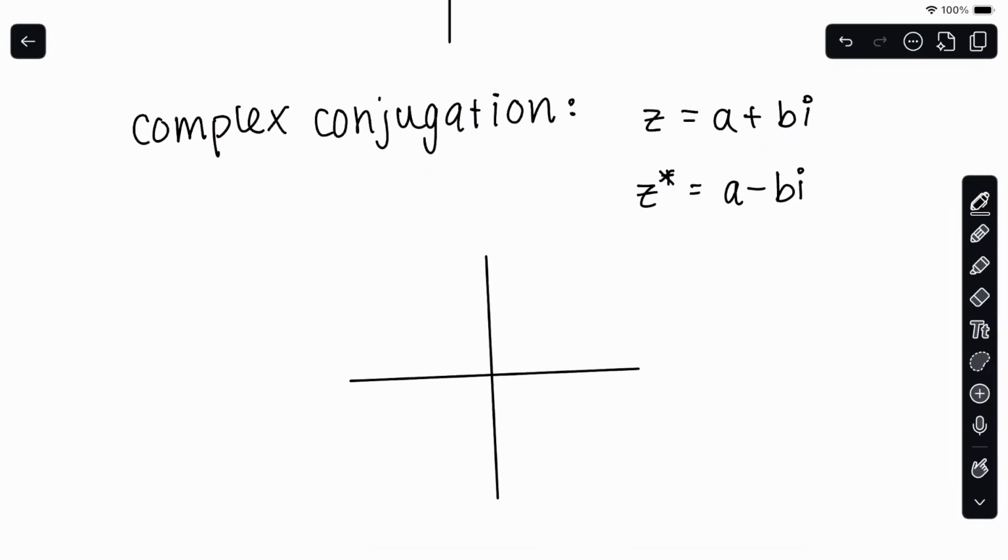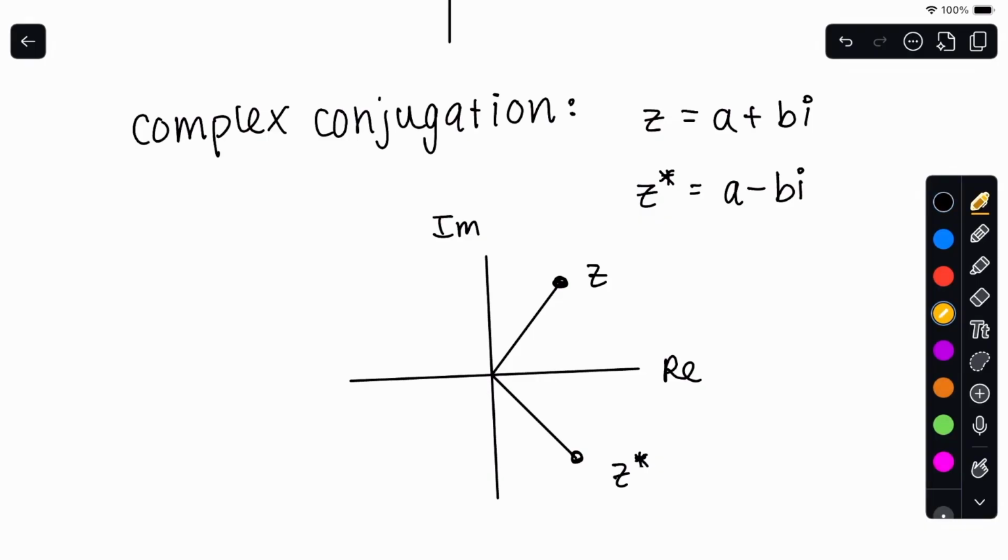So if we have our complex plane, and we have our vector, or a number z, then we can draw z star as well. And it will have the same real component, but minus the imaginary component. So the action of complex conjugation is to flip us over the real axis.